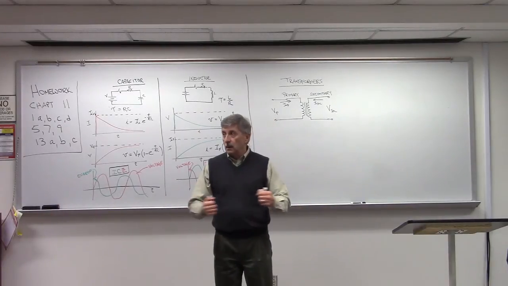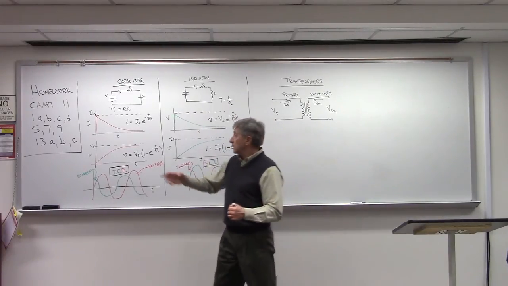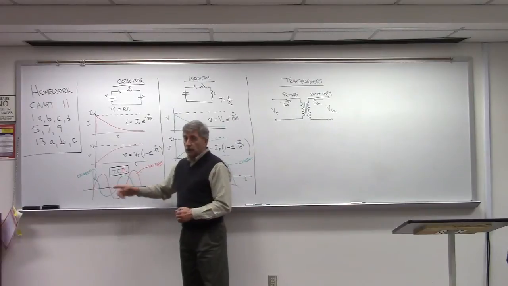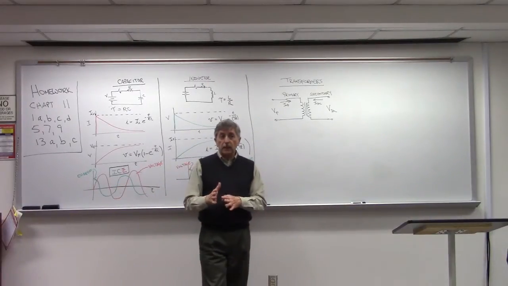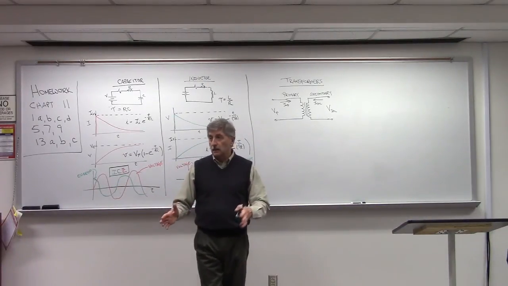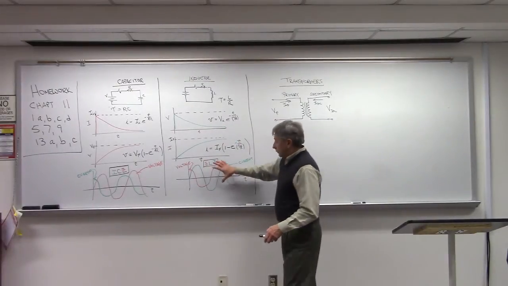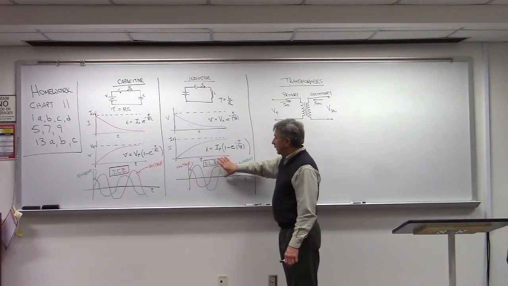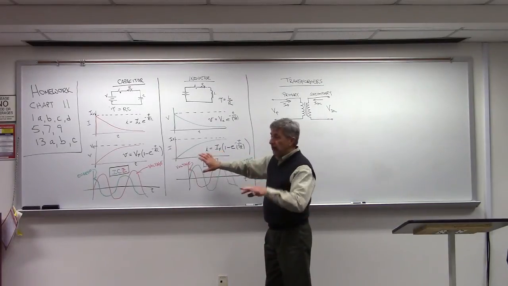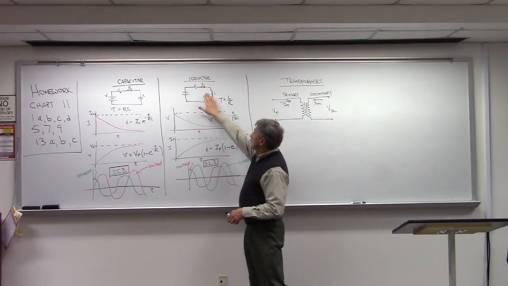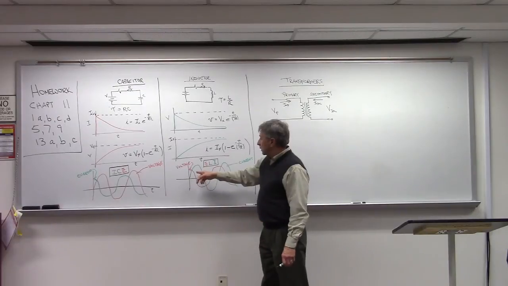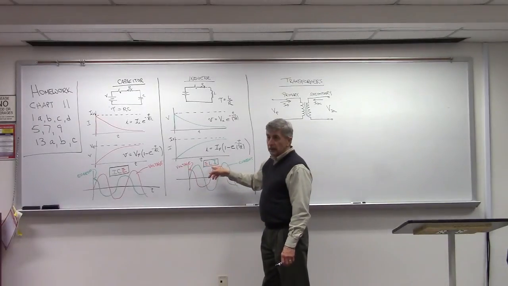So you have this tug of war going on. In an RC circuit, voltage and current are out of phase by some angle less than 90 degrees. The same is true in an RL circuit. You're going to go over that next week. But in a purely inductive circuit, voltage leads current by 90 degrees.